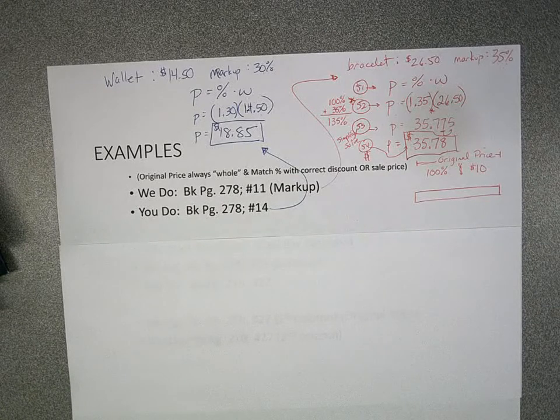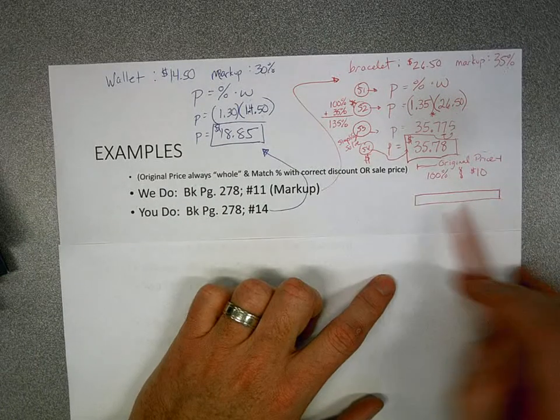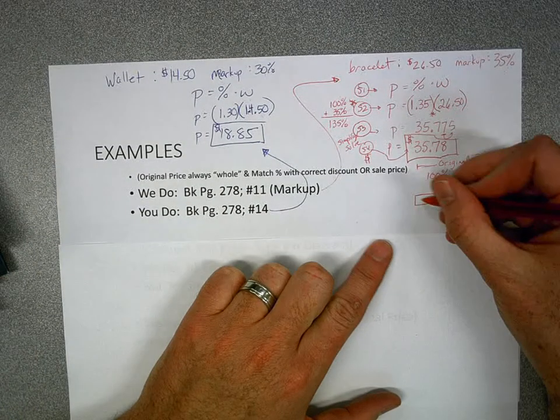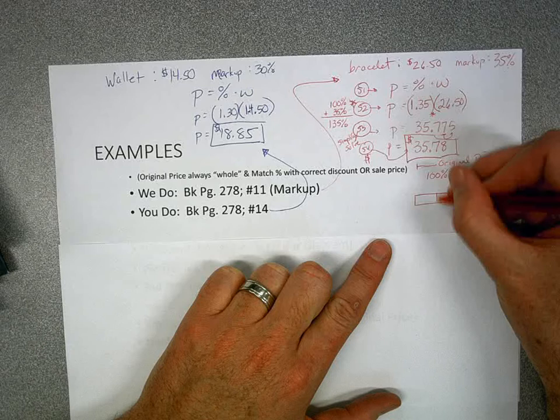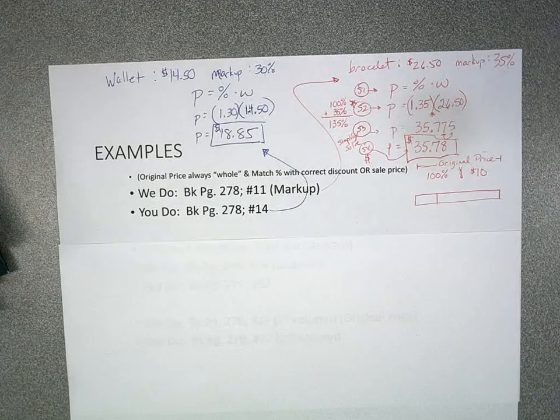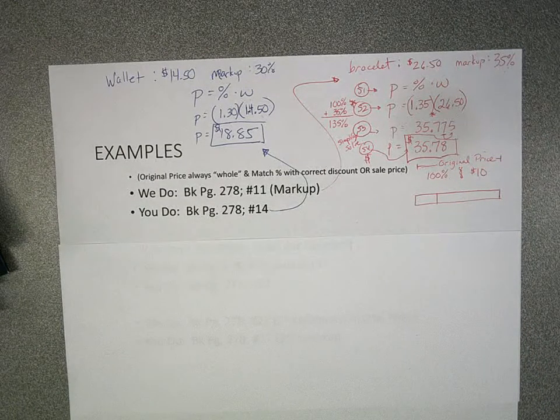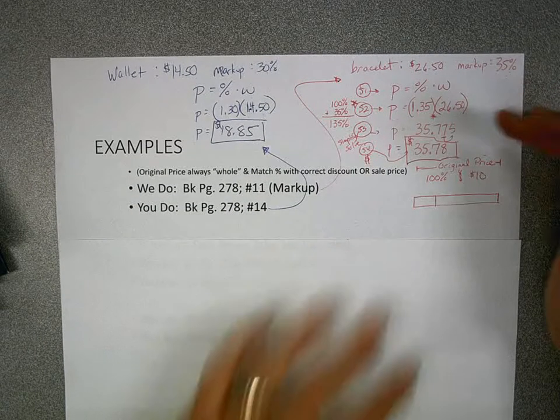Now, here's what I'd like you to do. Inside this bar, I want you to just come over from the left a little bit and put a line. Okay, now, here's what I want to point out.